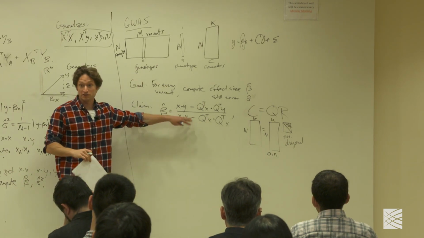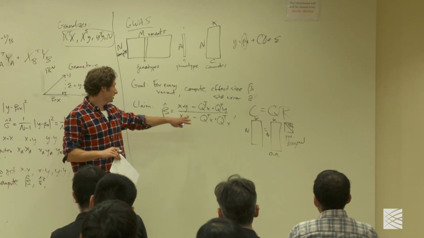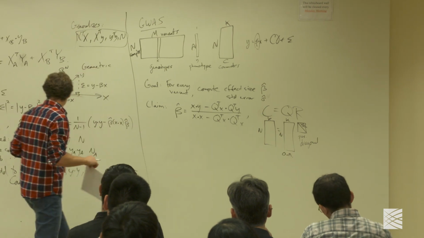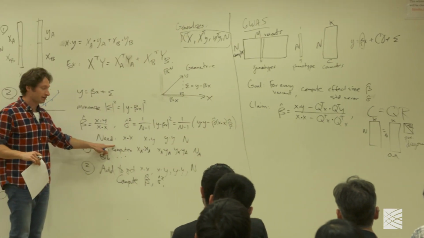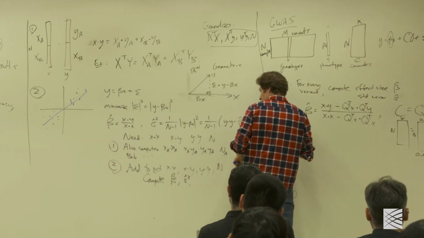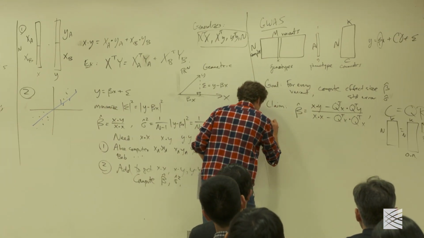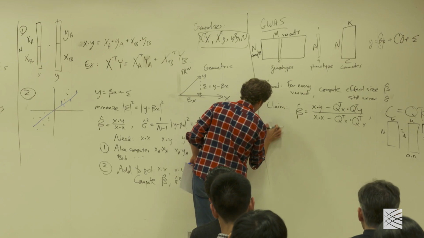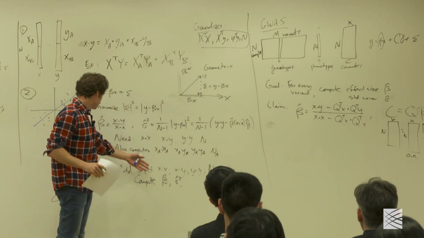So here's a formula. Let's believe it for just a moment. If we believe the formula, then there's something very analogous to do. I'll just write down the key quantities we need, and they can be computed in the same two steps.